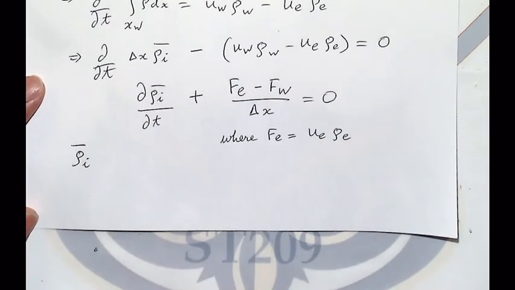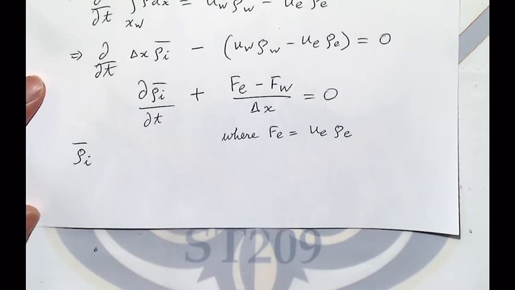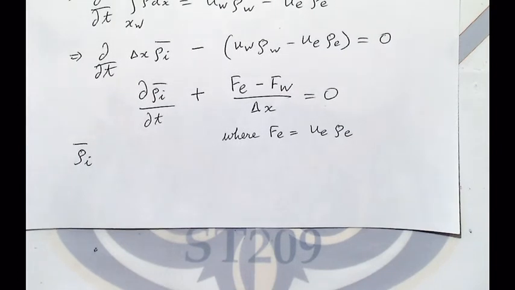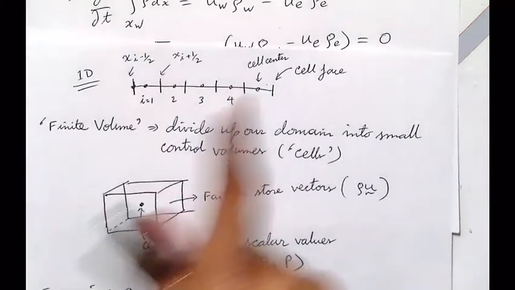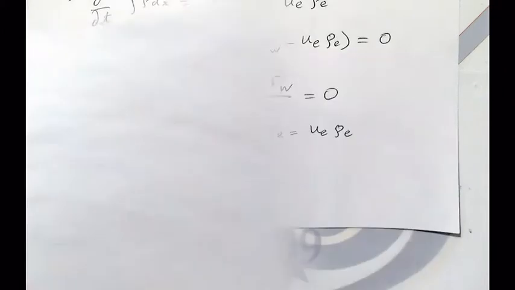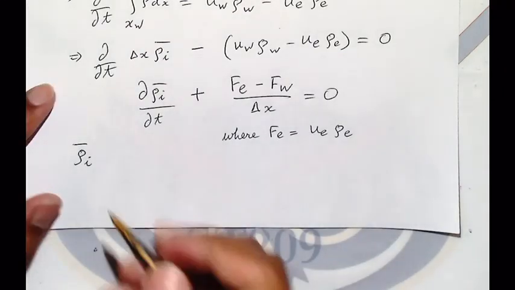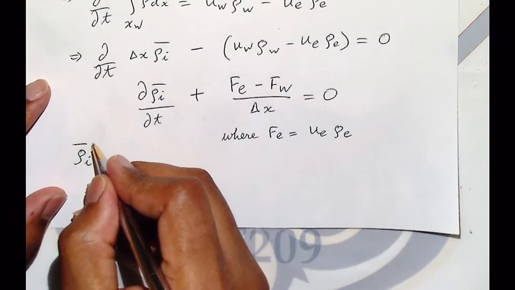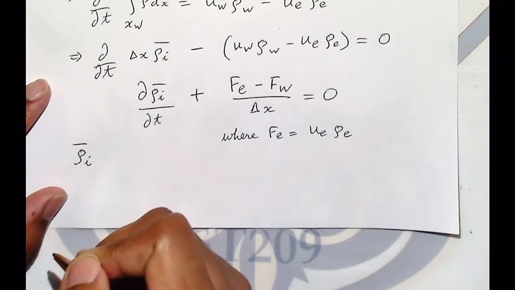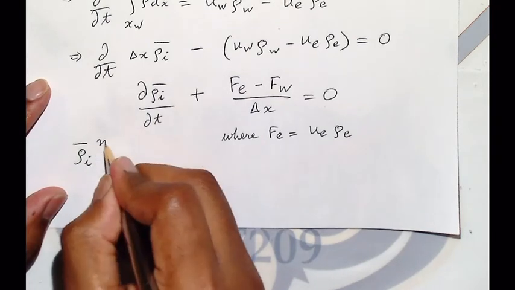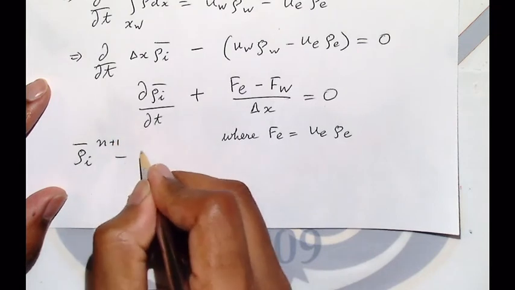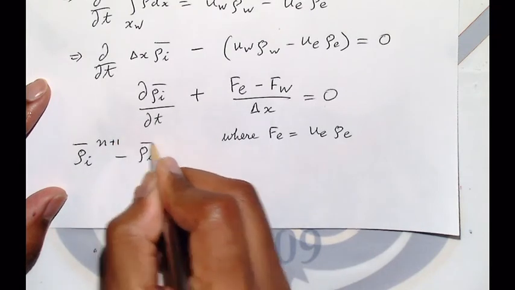What's between I plus half and this? No, with finite volumes, what you do is you store the cell average values at the centers, not at the faces. So we'll keep it at I. Okay, times n plus 1 is rho I at n.